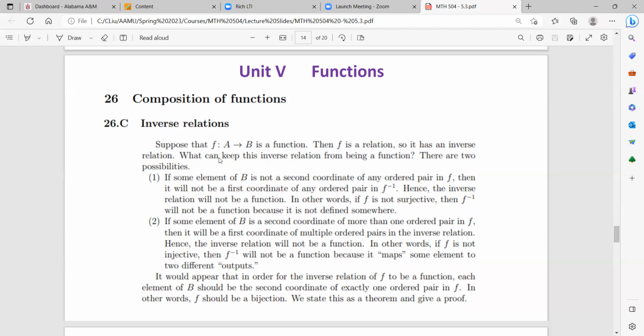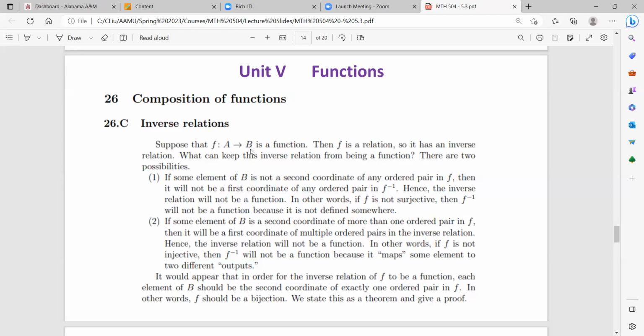First, if some elements in the set B are not mapped from A, they are not the images of any elements in set A. So that means f is not onto, or not surjective.